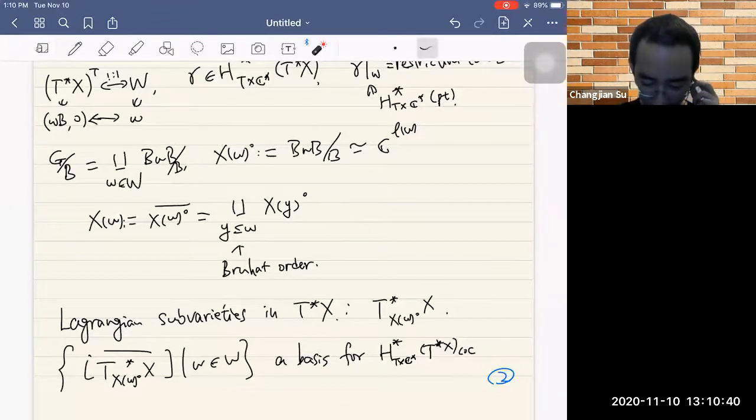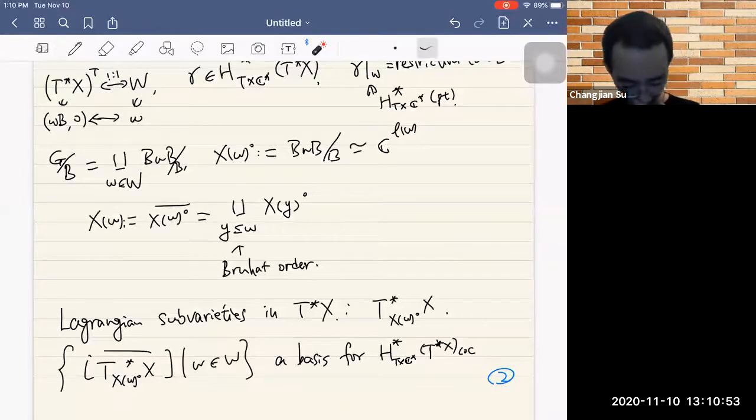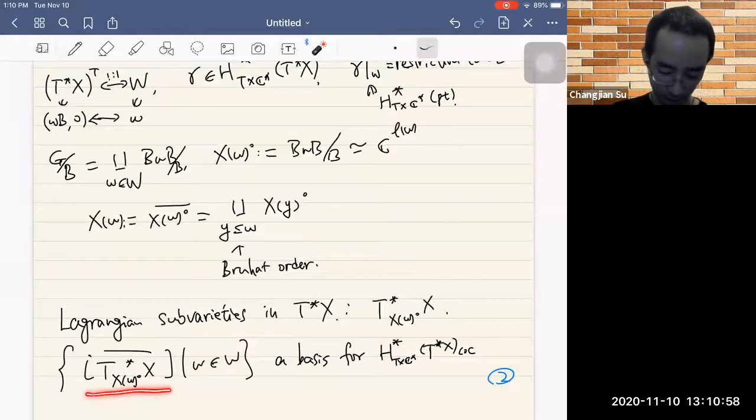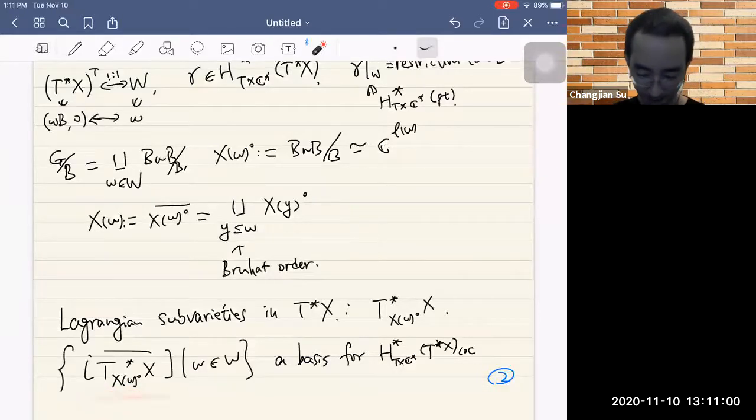Unfortunately, although the construction of these classes is very simple, it is very hard to study these classes because they are too singular. For example, I think even now we don't know the restriction formulas for this type of classes.